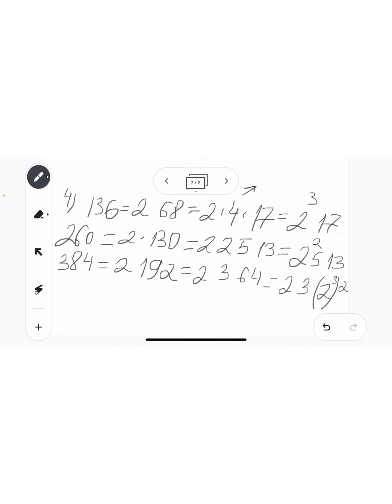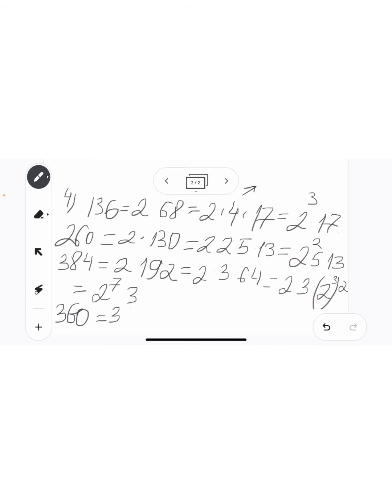So it will be 2 cubed to the power of 2, or to the exponent of 2. So we add the exponents of 2, it will be 7. 2 to the power of 7 multiplied by 3.